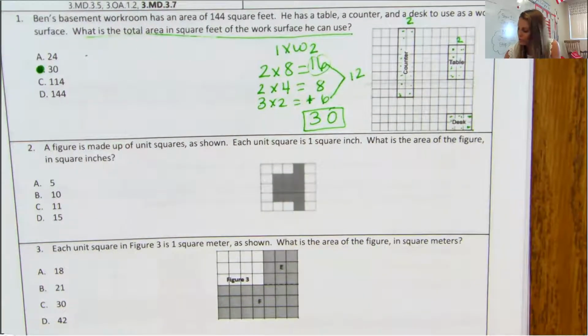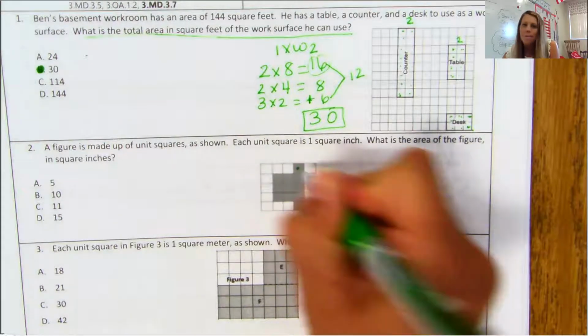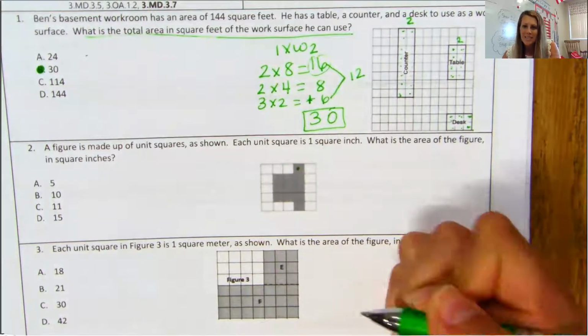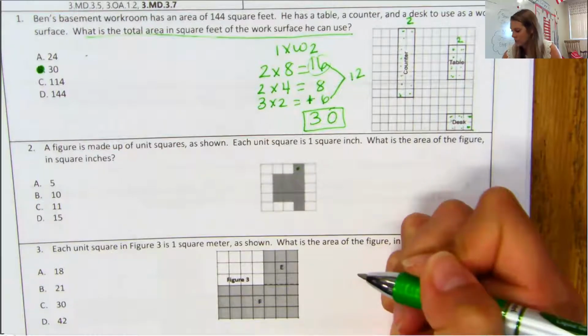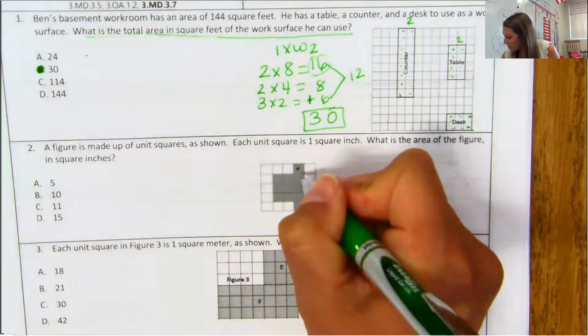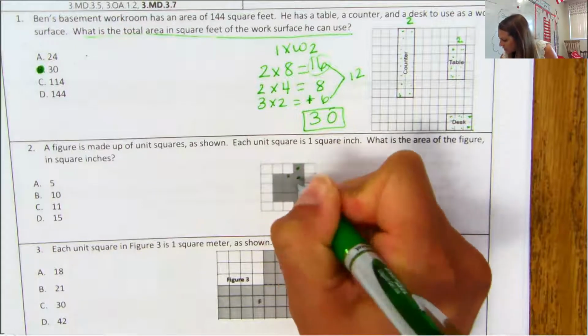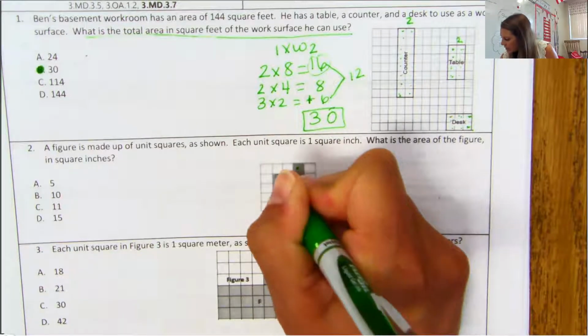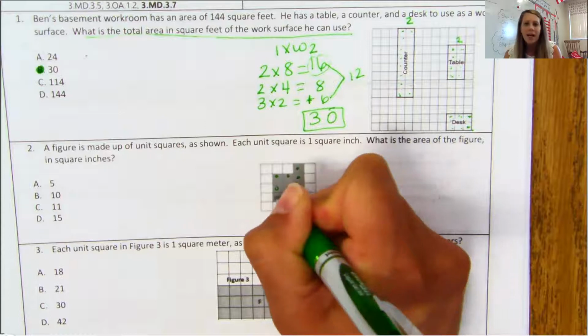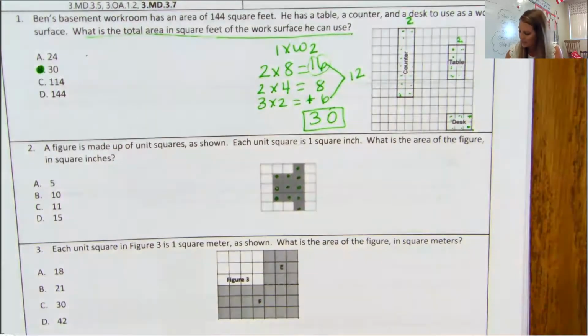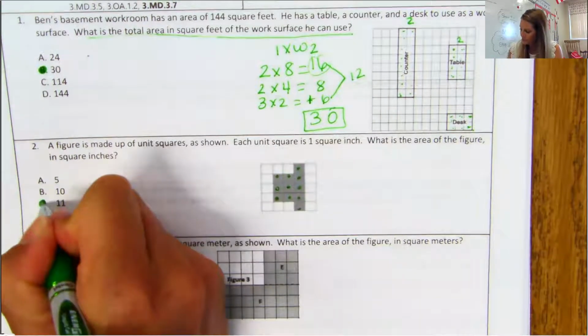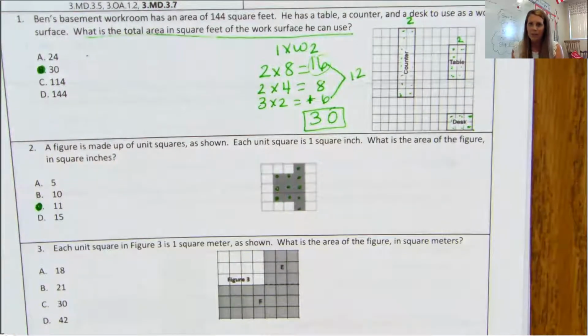And remember, when you're counting, you're making that mark so that you can see which ones you've counted. So go ahead and count with me. 1, 2, 3, 4, 5, 6, 7, 8, 9, 10, 11. Okay, more area.